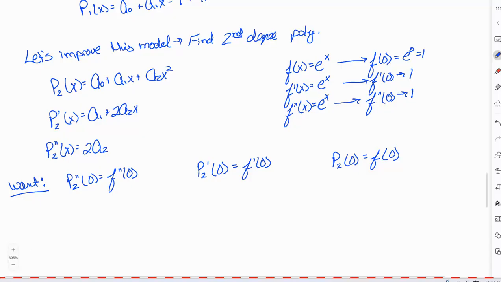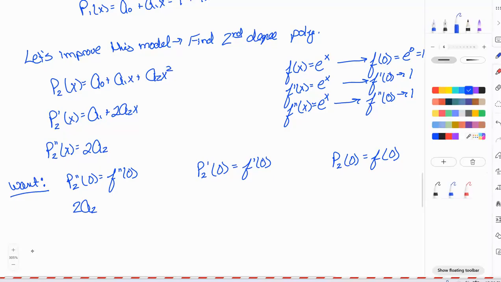So if I plug 0 in for that second derivative, I get 2a sub 2, right? Because that's what it's equal to. And I know the value has to be equal to 1 because that's what we found over here on the other side.